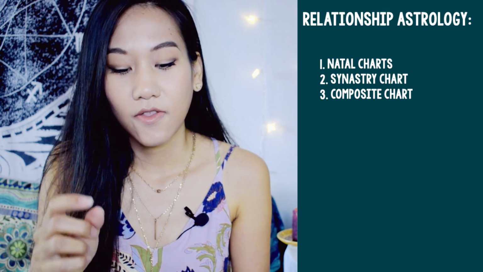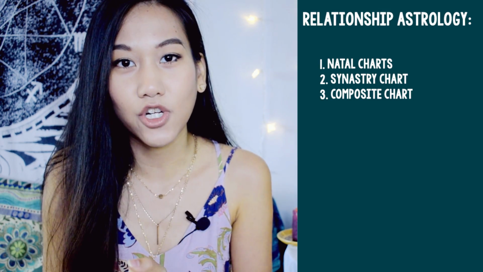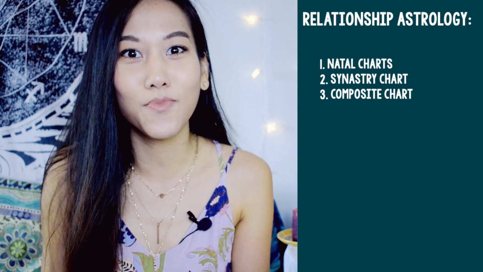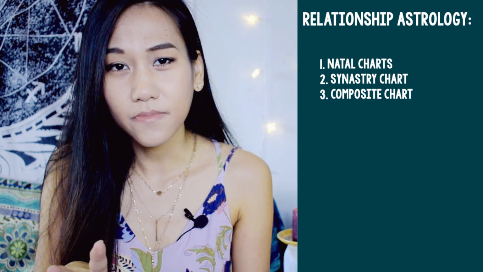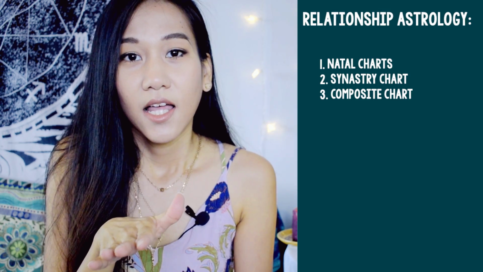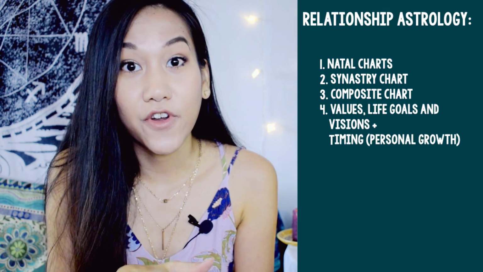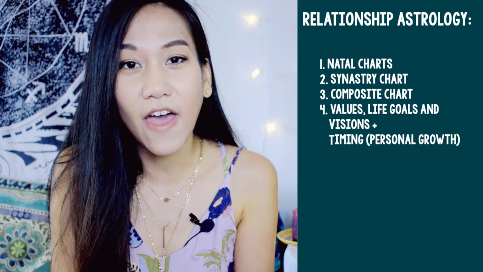But still, synastry, composite, your natal chart, that is not the end-all be-all of relationships. There's still one really important factor, and that is the kind of visions that you have for your life, and the kind of values that you have.